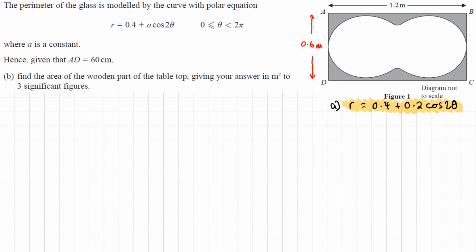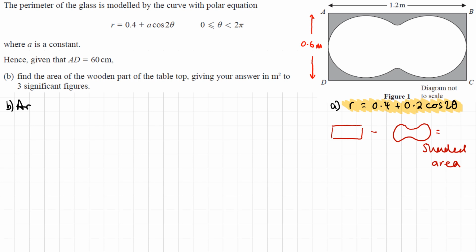Now, if I want to find the area of the wooden part of the tabletop, that's the shaded area, what I need to do is find the area of the rectangle and subtract from that the area of the shape that's inside. So we'll start by working out the area of the rectangle. That's going to be the easy bit.